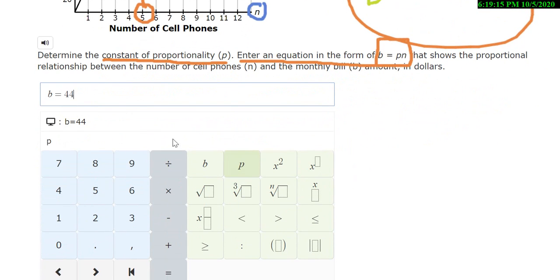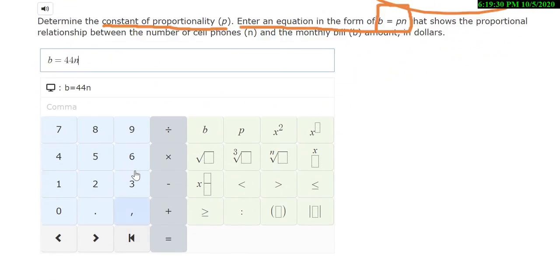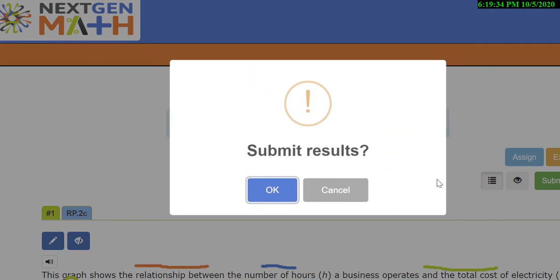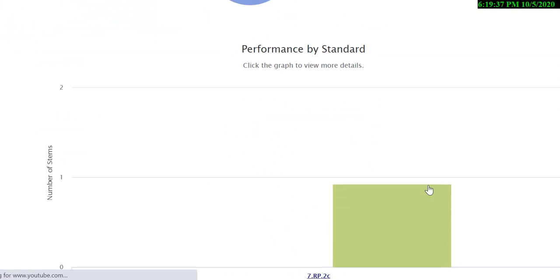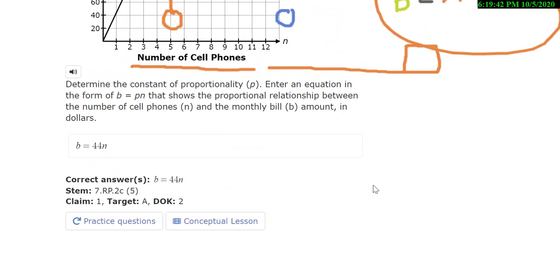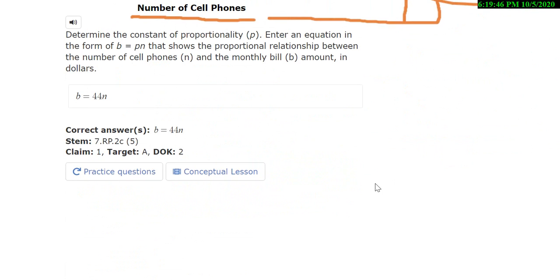I don't know, that's wrong right there. So I'm going to type in the letter n and see what it tells us. I think that's a mistake. B equals 44n. And now I will submit it. And what does it say for us? Correct. B is 44n. It is correct.